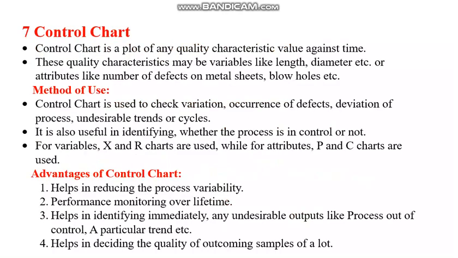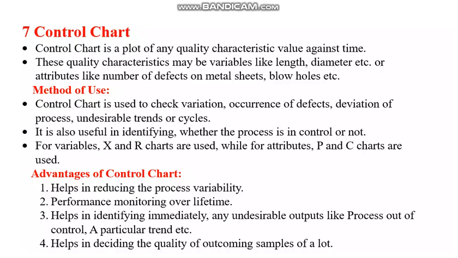Now, the last tool that we use for quality control is the control charts. Control charts means a chart or a plot of something versus time. Some quality characteristic is plotted against time.